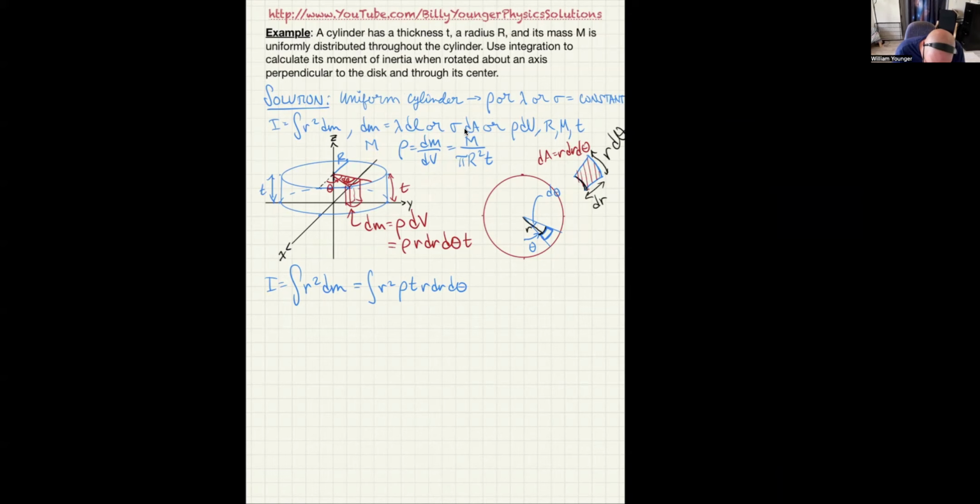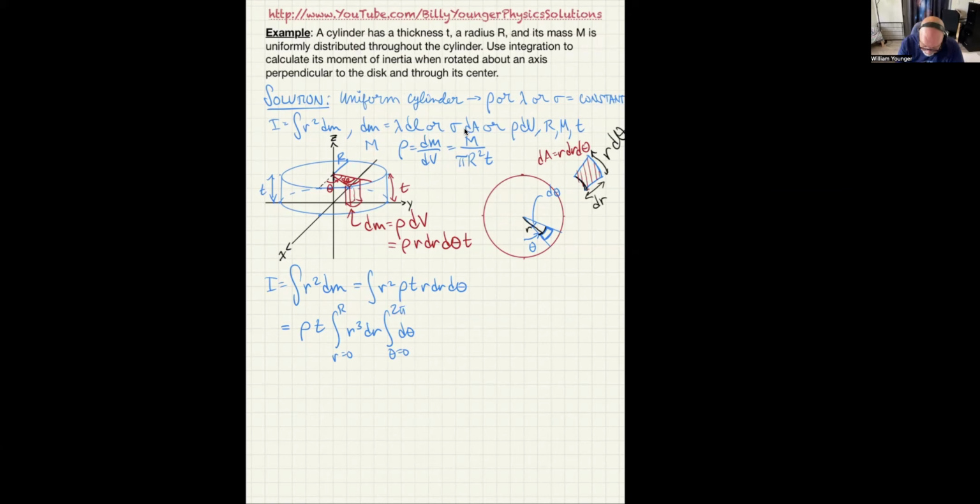And I'm going to go ahead and pull out the constants in front, and that's going to give me rho times t out in front, and I'm going to say the integral from r equals 0 to big R of r cubed dr, and then the integral dθ from θ equals 0 to 2π.